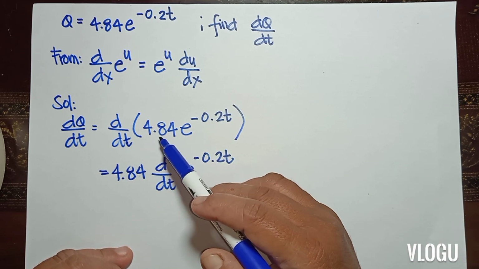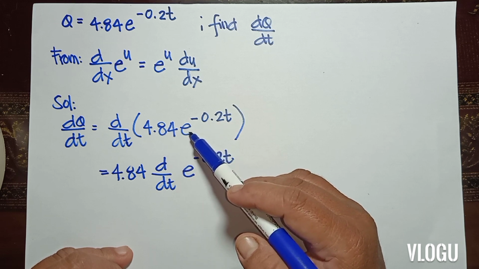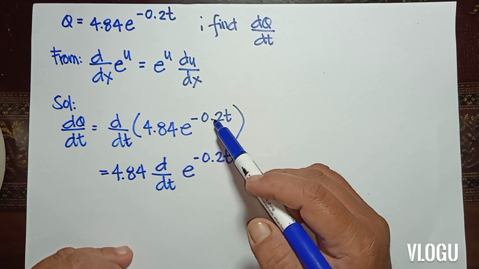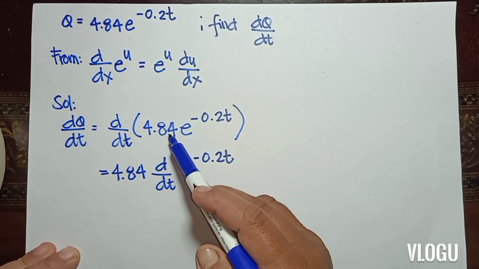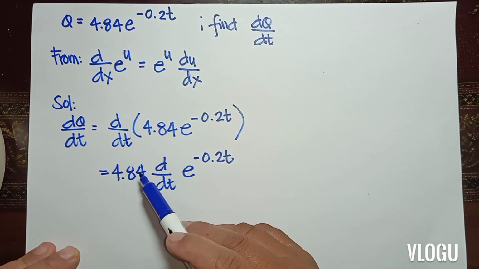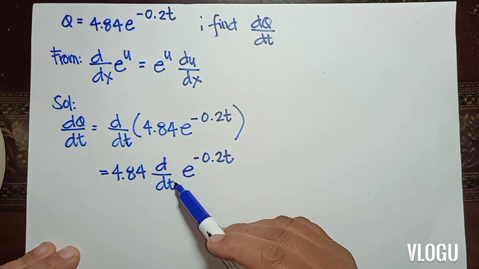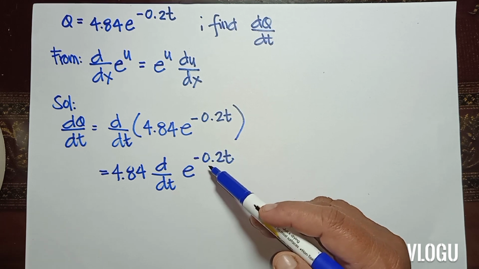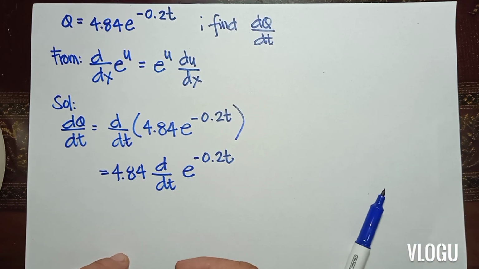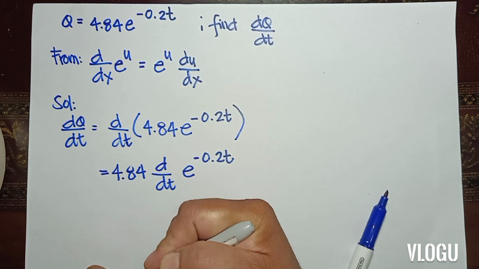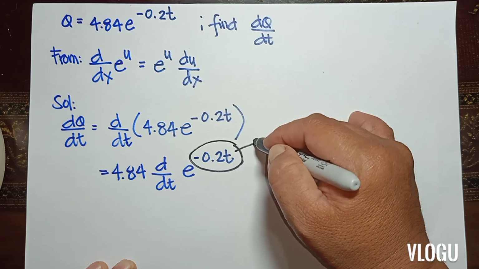So we have the derivative of 4.84 e raised to negative 0.2t. 4.84 is a constant, so you bring that out: 4.84 d dt of e to the negative 0.2t. If we look at here, this is our u.